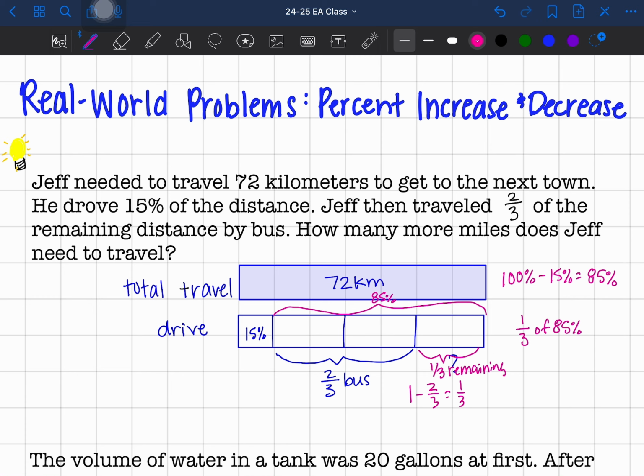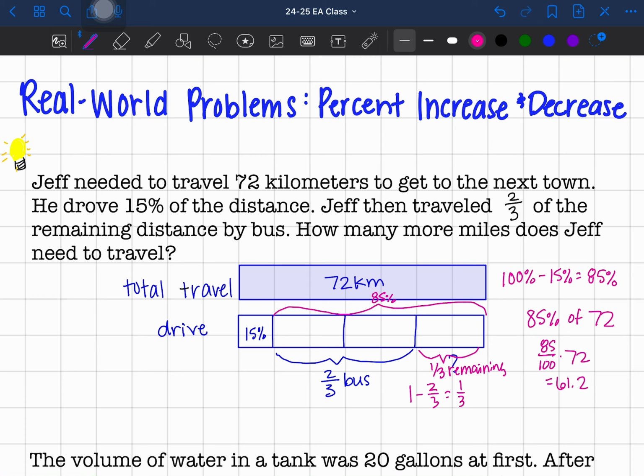But first we have to find out what is 85% of the kilometers. So we have to do 85% of 72. So 85 over 100 times 72 equals 61.2.